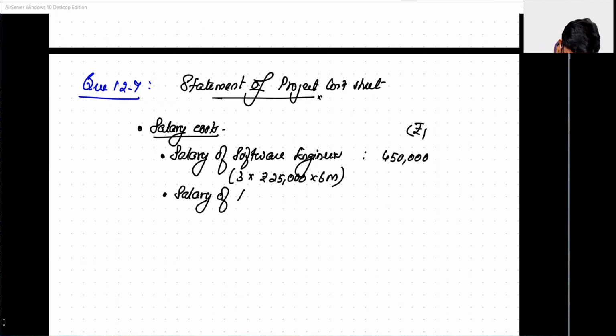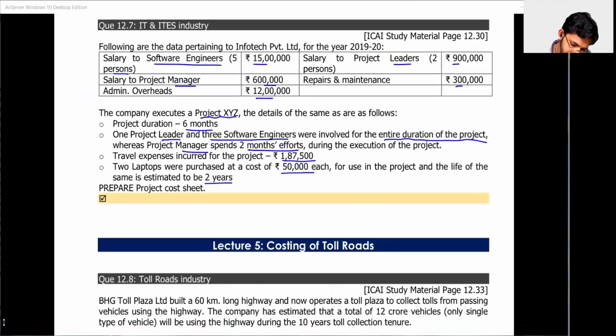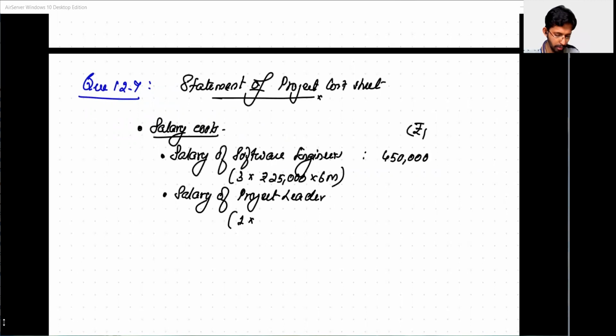Now, salary of project leader. How many project leaders are required? You need one project leader. And what is the salary that is paid? See, in case of software engineers, I forgot to show you how you get 25,000 per month. So for the salary of software engineers, we can give a working for that.